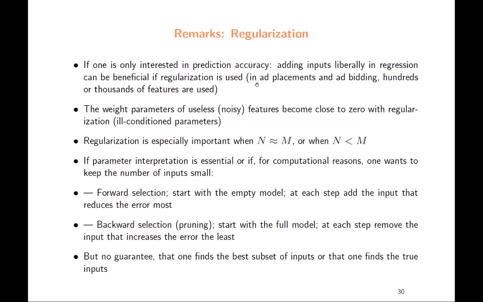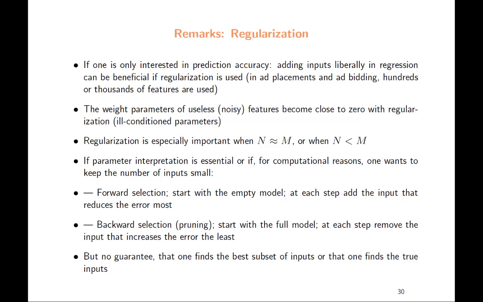For example, in advertising placement and advertising bidding, hundreds of thousands of features are used. With regularization, for useless inputs the weights on them become close to 0. Regularization is especially important when the number of training data is similar to the number of parameters, or when you even have fewer training data points than parameters.